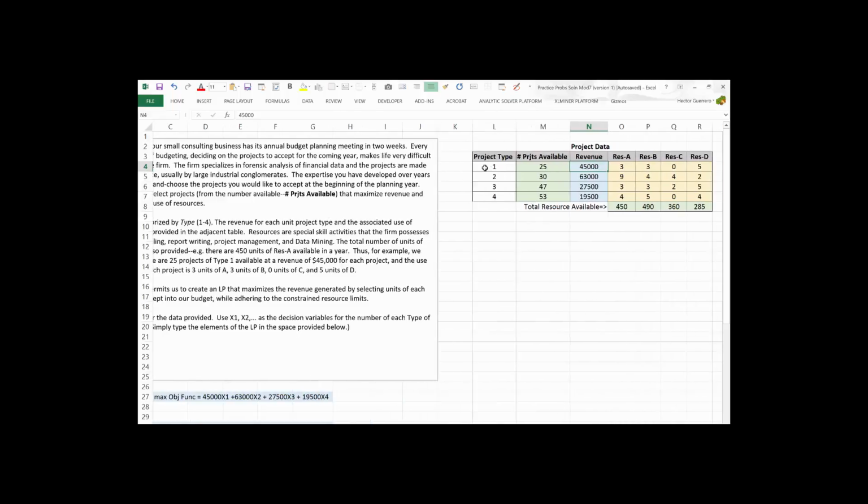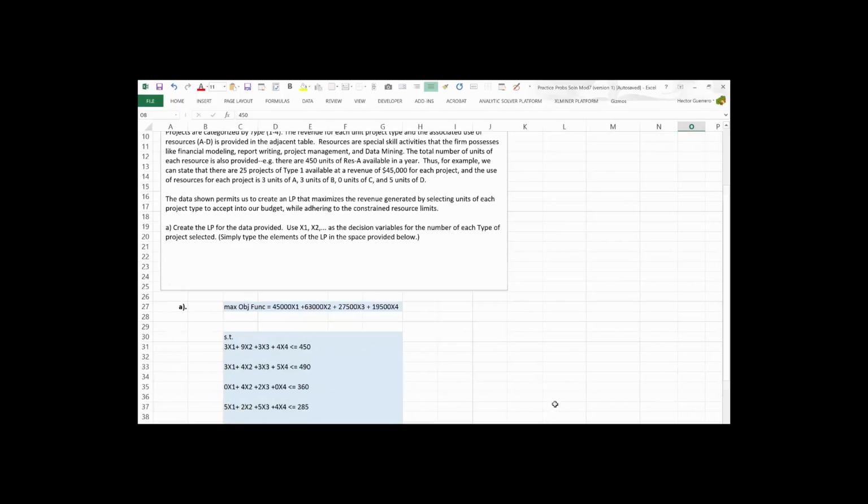Well, every project 1 uses 3 units of resource A. Every project 1 uses 3 units of resource B, etc. The total resources that are available for A are 450, for B 490, 360 for C, and 285 for resource D. So how do I write a linear relationship, a simple algebraic function, linear function, that accounts for the use of resource A and says, hey, you can't use any more than 450. Okay, this is how we allocate our resources. This problem is really a kind of a resource allocation problem.